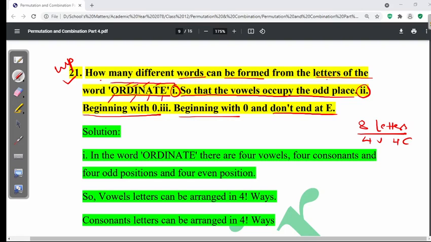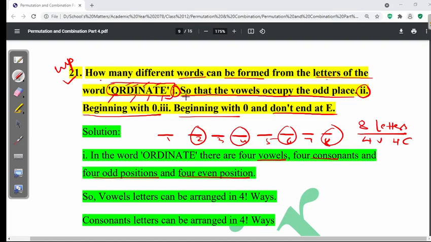First be clear about the structure of the word. In the word ORDINATE, there are 4 vowels, 4 consonants, 4 odd positions and 4 even positions. Positions 2, 4, 6, 8 are even places, the remaining are odd places.